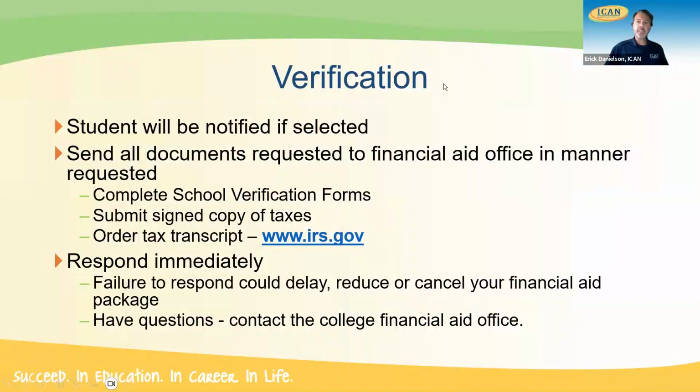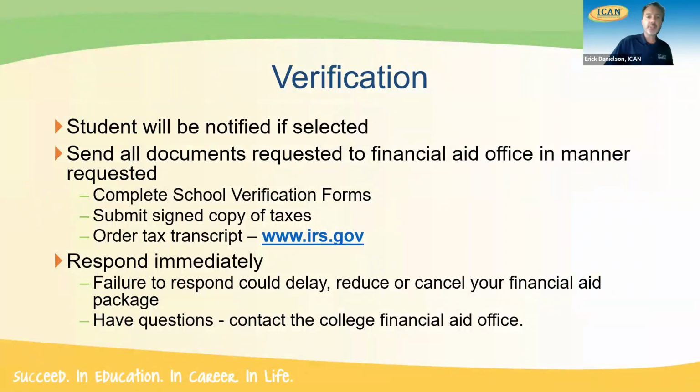Now, I hadn't mentioned this earlier. Something that could happen before financial aid offers are able to be sent out is a process called verification. There's less of this than there used to be. Sometimes it can be because of issues, other times it's just a check and balance that the government has done.